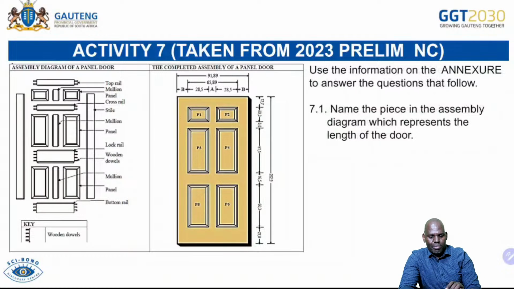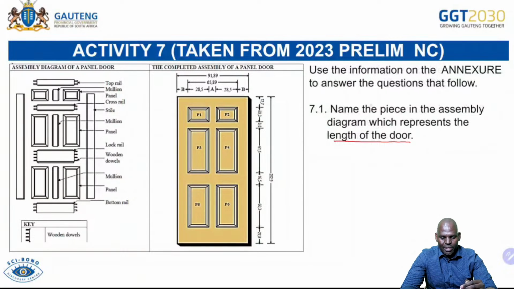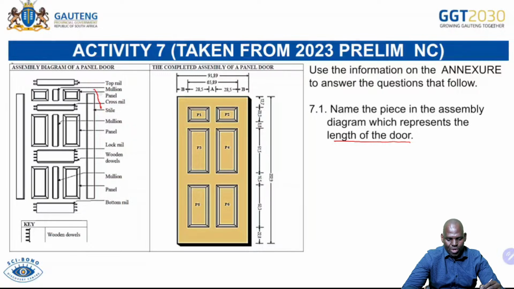7.1, name the piece in the assembly diagram which will represent the length of the door. So in this case, under the assembly diagram, the height or the length of the door is represented by this part.